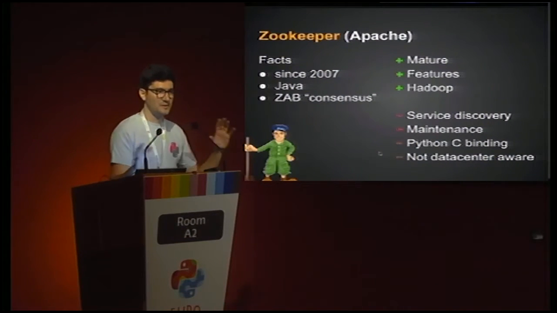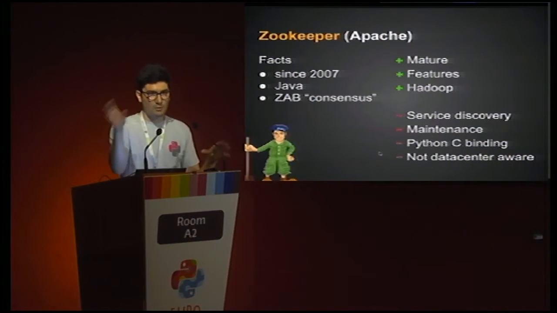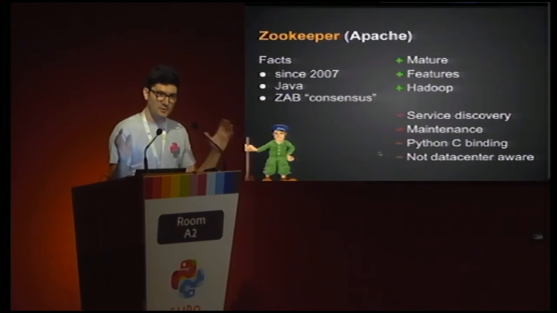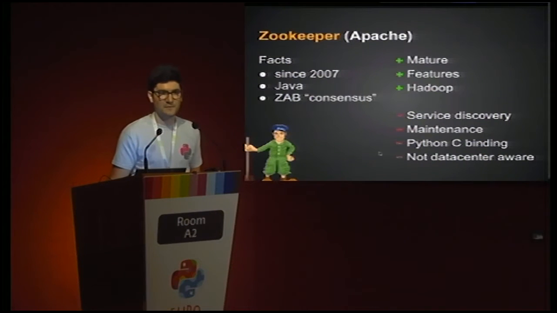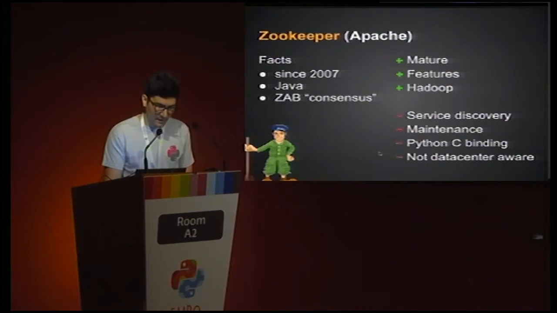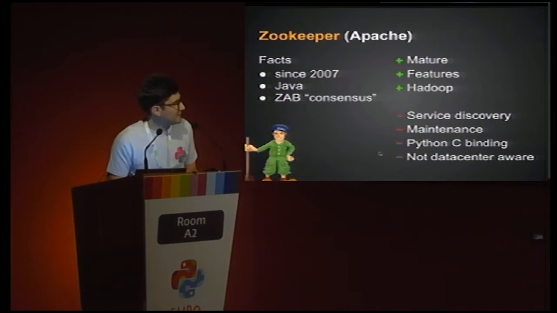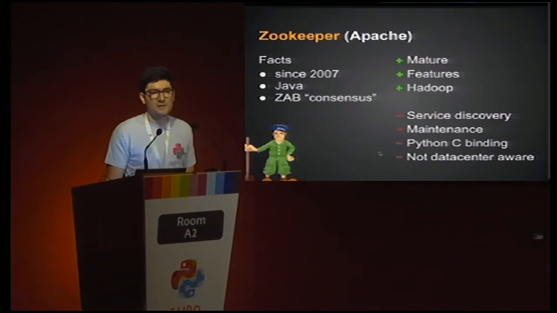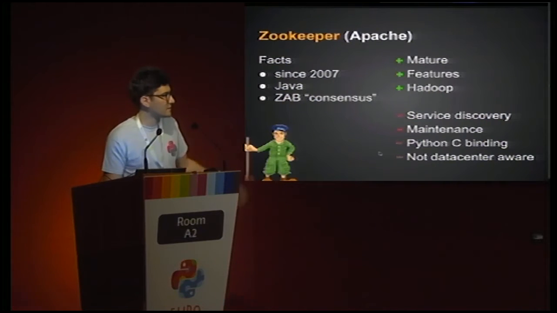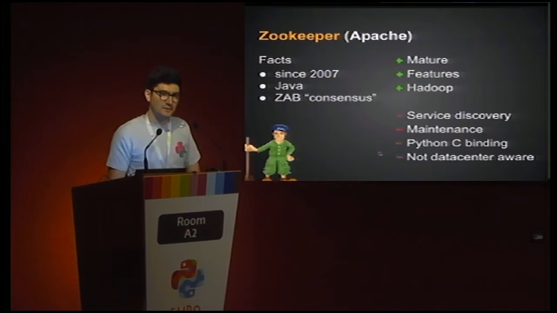The consensus is about making sure all the nodes of the Zookeeper cluster agree on something. The Python C bindings are not usable. There is one provided in the sources, but it's not really usable, and even worse for service discovery. It's not a data center aware technology. It just knows about its own cluster.